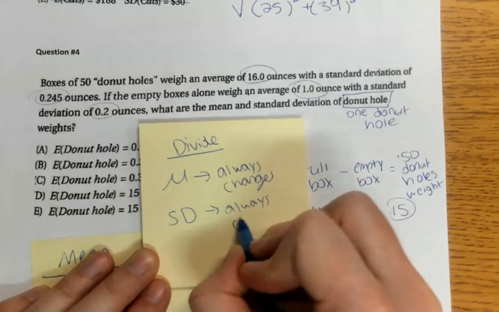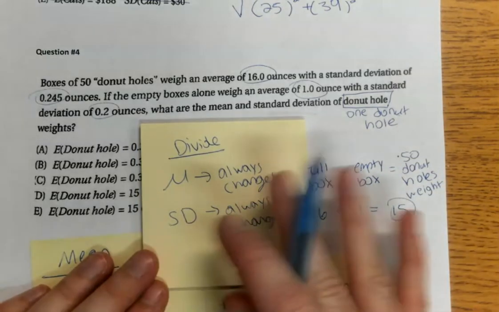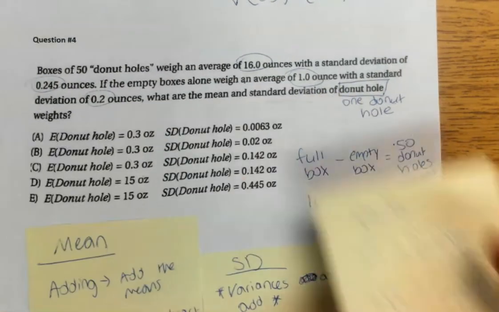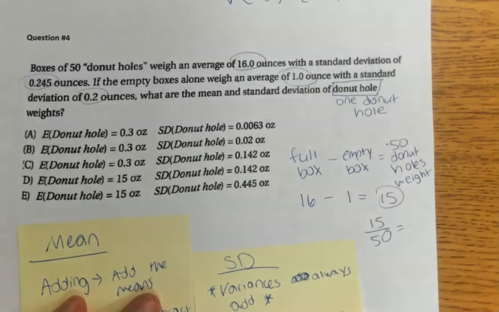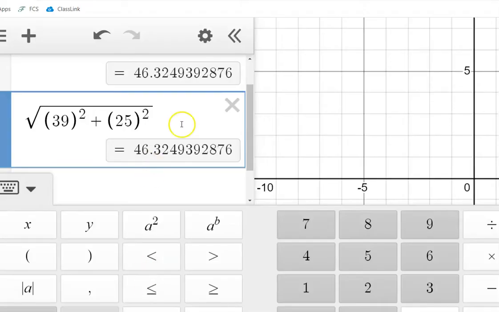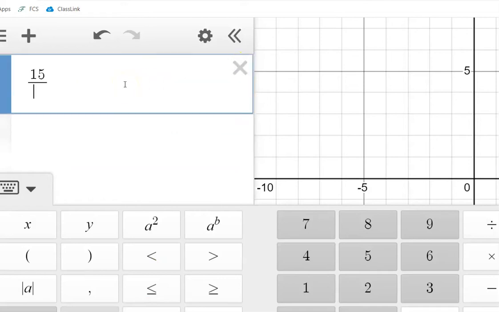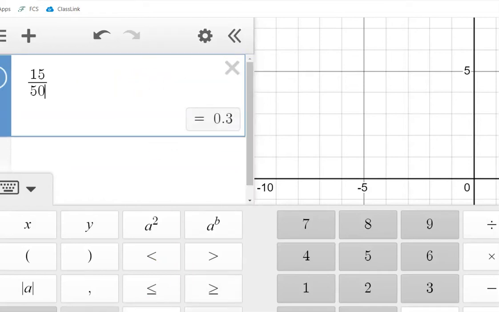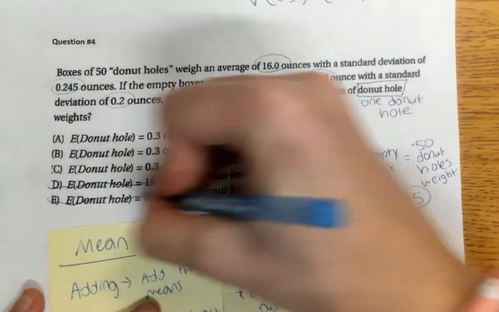Yes. The standard deviation changes. Remember, if it were addition or subtraction, the standard deviation would not change. So what I need to do is take this 15 and divide it by 50 and see what I get to get the weight of one donut hole. All right, I get 0.3. So I can eliminate D and E.